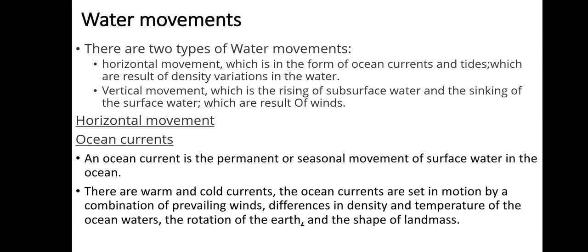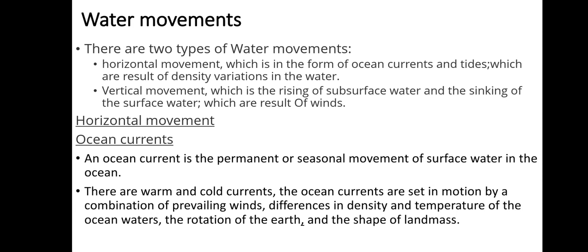Now they result due to the density variations in the water. The second one, we said, is the vertical movements. These are the movements that occur as the rising of the subsurface water and the sinking of the subsurface water. So the up and down movements, the rising and the lowering of the subsurface water, are these vertical movements, and they generally result from the winds.